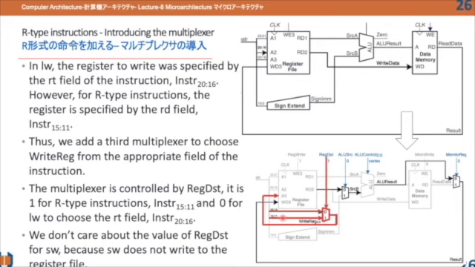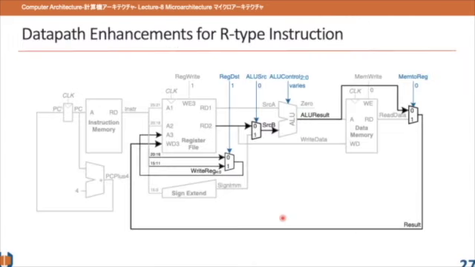Okay. So these three multiplexers: one is for selecting the destination, another is for selecting the input to the ALU, another is passing the result of the ALU, and the third one is writing the value to the target destination register. So these three multiplexers combined make the hardware, the data path, that also supports R type.